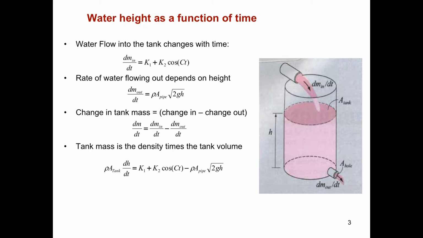Otherwise, I have to express this in terms of mass. So basically, I know that the mass is simply rho of water times volume. Okay, so this area below times h is my volume, times rho gives me the mass. So this is essentially the ultimate equation that I'm solving. When I solve it, I'm going to get h in time.